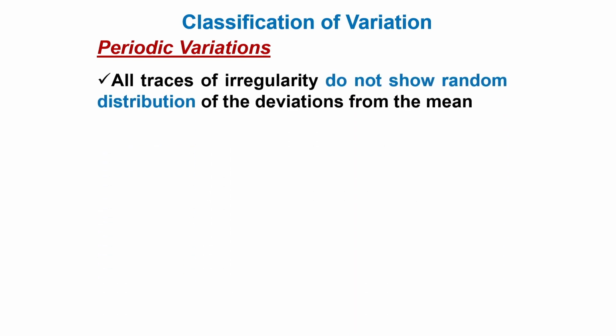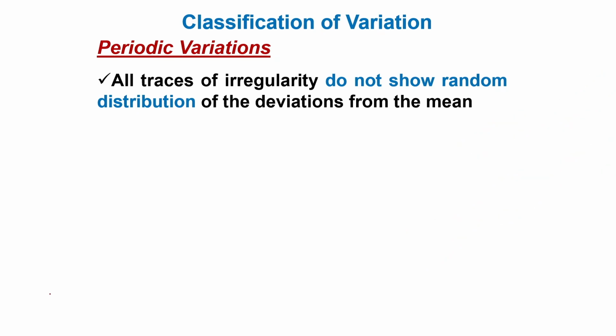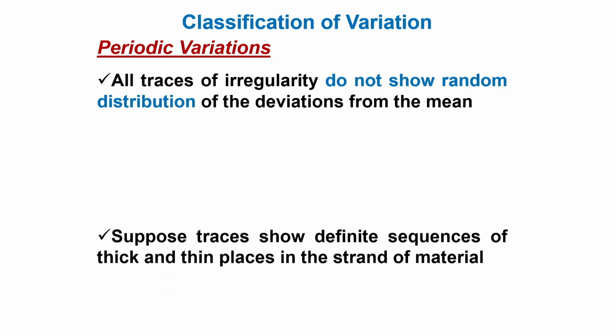All traces of irregularity do not show a random distribution, so variability cannot always be random. Sometimes the variability is in a periodic fashion. This is mainly due to a faulty roller or faulty gear, any fault in the rotational component, which generates the periodic variation.